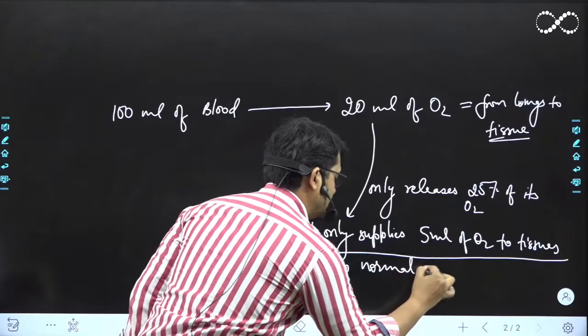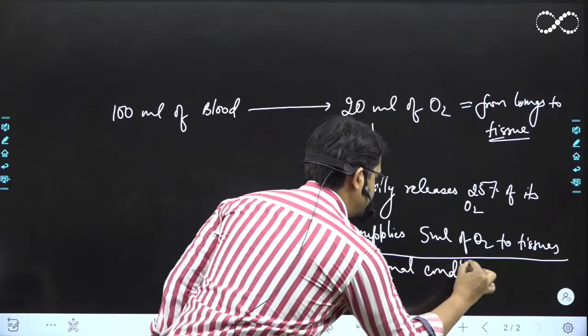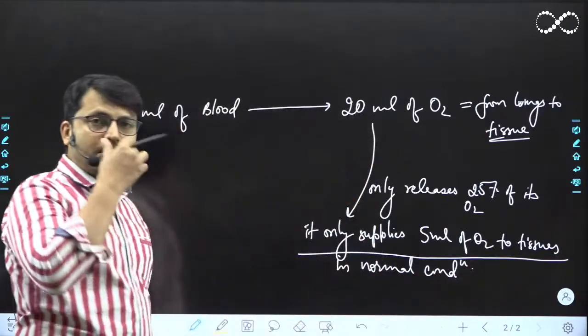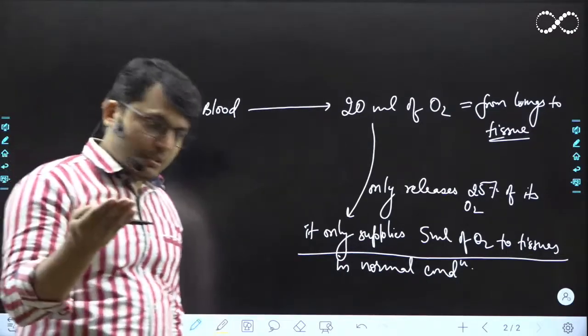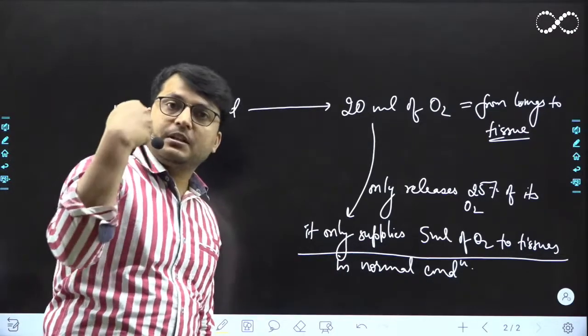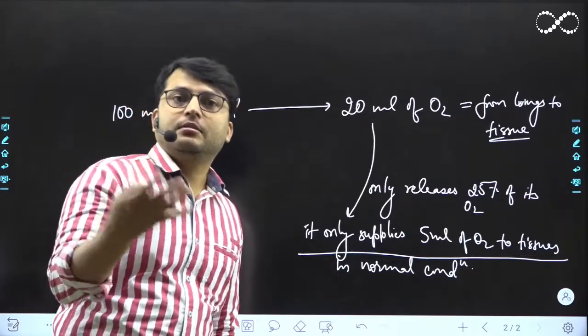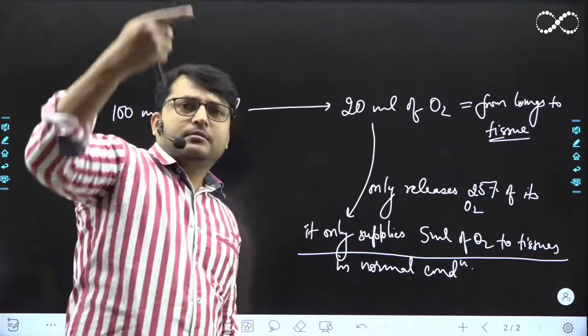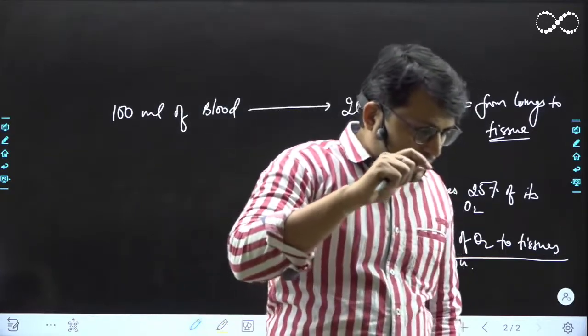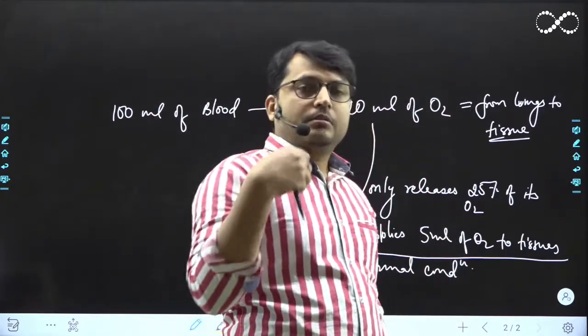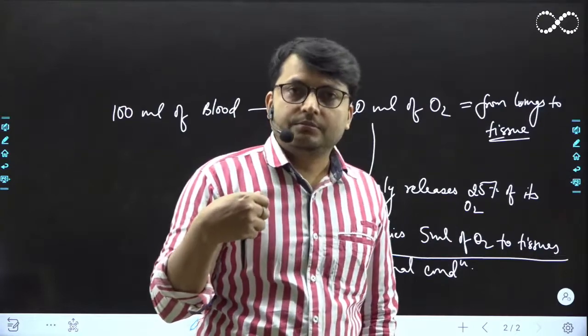This all is in normal conditions. ठीक है? So in normal conditions, though 100 ml of your blood is carrying 20 ml of oxygen, it only delivers 5 ml of oxygen. Remaining 15 ml, it takes it back along to the lungs. समझ में आ रहा है?